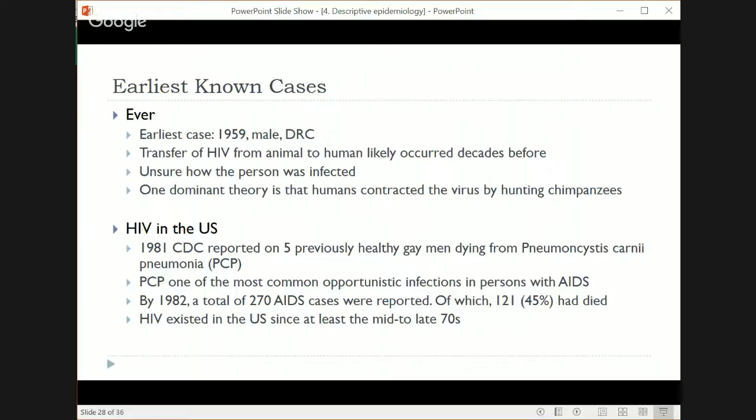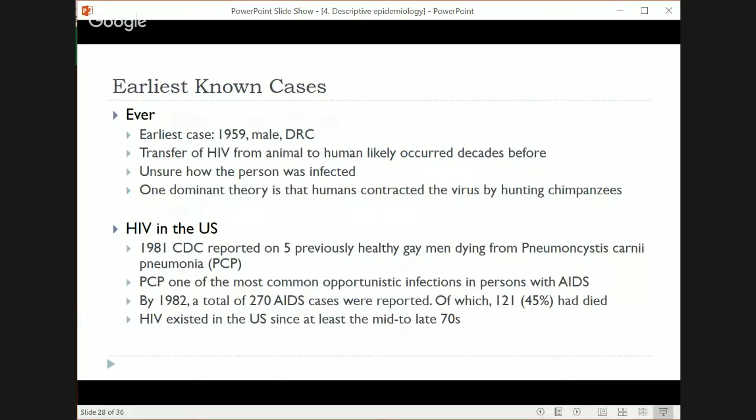The transfer of HIV from animal to a human likely occurred decades before we know of this first case. So the first case we know of is 1959, but scientists suspect that persons had had HIV and AIDS well before, decades before that. Again, in the US, 1981, CDC reported on 5 previously healthy gay men dying of pneumocystis carinii pneumonia.